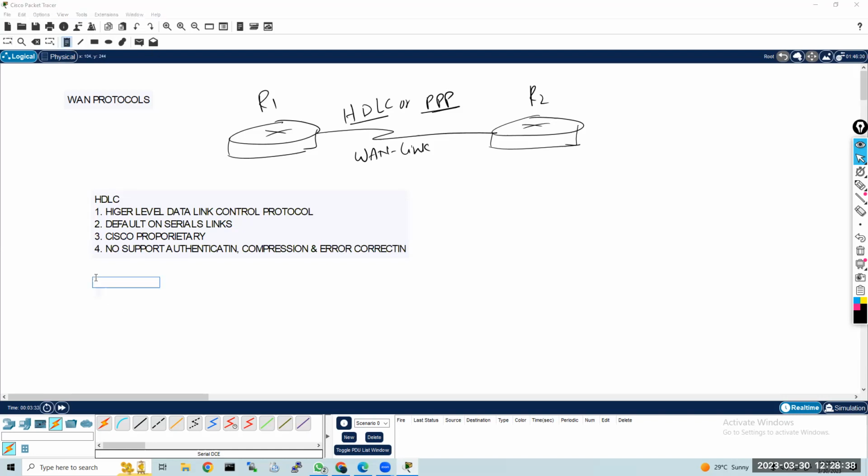Whereas your PPP, so PPP stands for point-to-point protocol. Okay, so the next point is change to PPP: it is a standard protocol.